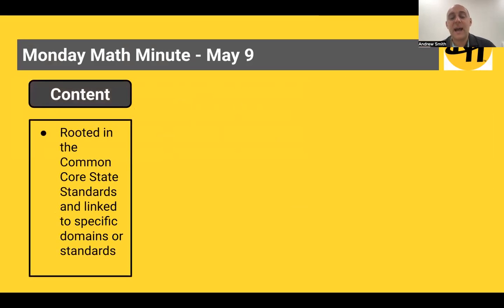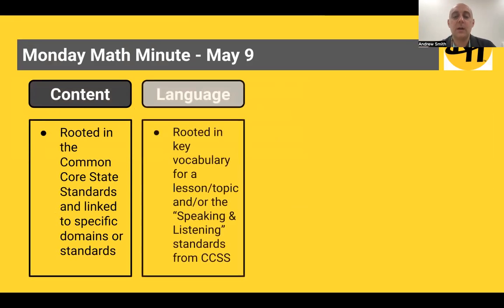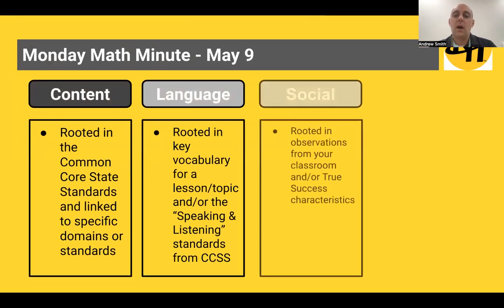There's a content, which is usually rooted in Common Core State standards and links back to specific domains or standards that you have the opportunity to teach. There's language, which comes from your speaking and listening standards, but also key vocabulary terms.